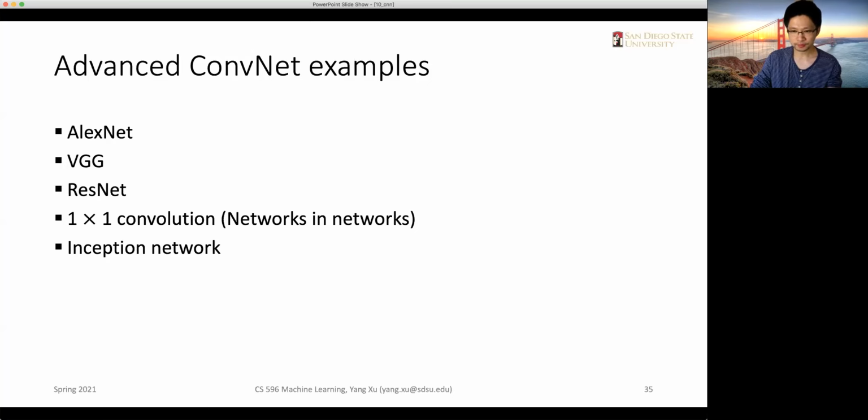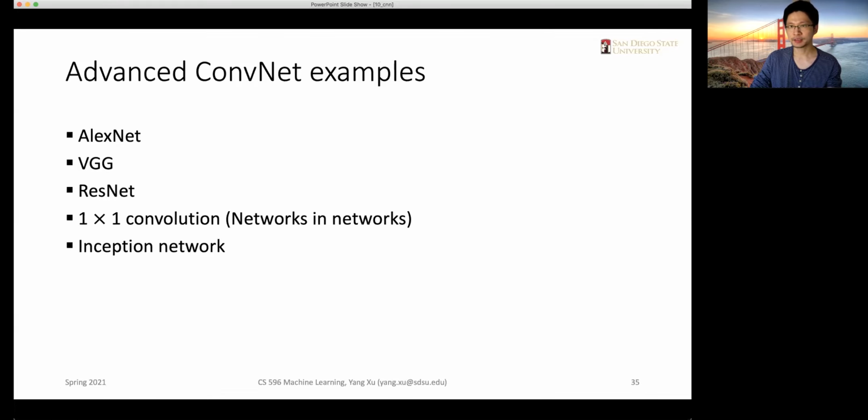So let's look at these more advanced ConvNet examples. Hopefully we can cover AlexNet, VGG, and ResNet today. I will probably leave the one-by-one convolution and the Inception network to the next lecture.